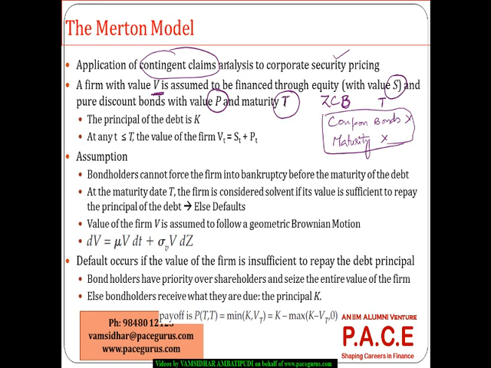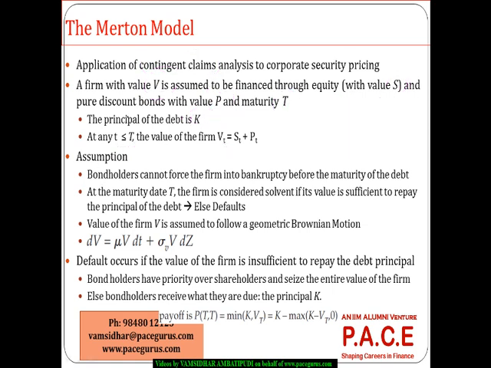But what the Merton model has simply assumed is a firm whose value is V, financed through equity whose value is S, and pure discount bonds whose value is P, which are maturing at time T. The principal that has to be paid at the end of time T is K. The present value of that is what we are calling P. It also assumes that at any time before the maturity, the value of the firm is nothing but the sum of the value of the equity and the value of debt, which is purely in one single form, zero coupon bonds maturing at time T.